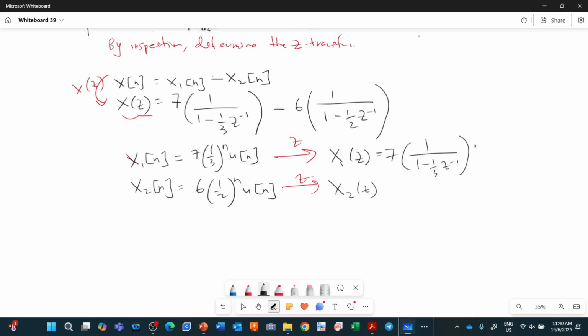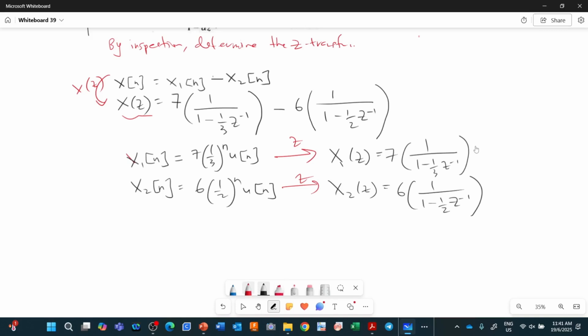We are doing it one by one, because in the exam it's not going to be two signals only. It's going to be multiple signals. If you do it one by one, you won't make mistakes. At least out of 4 signals, 3 are correct, 1 is wrong. So X2(z) equal to 6 times 1 over 1 minus 1/2 z^-1.